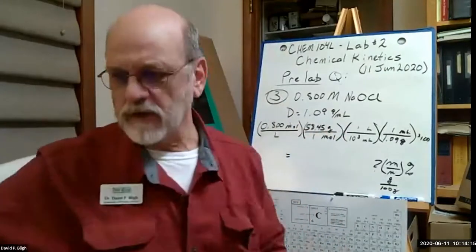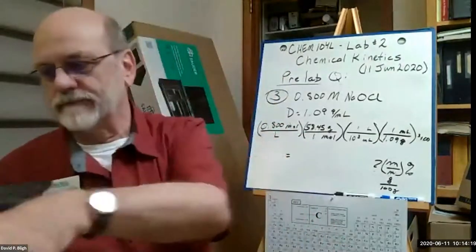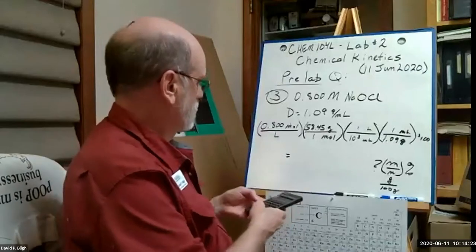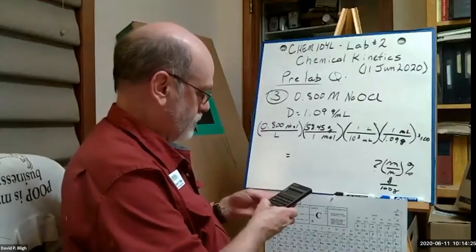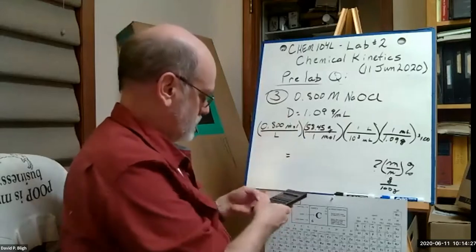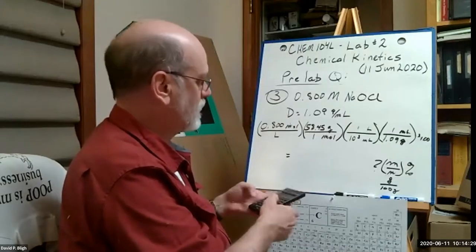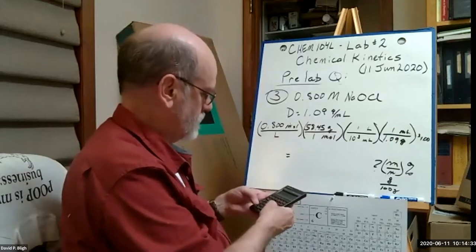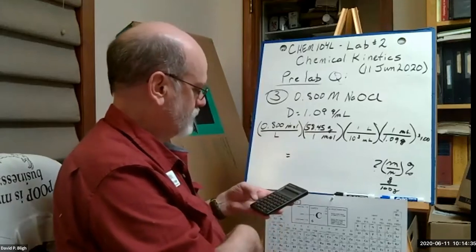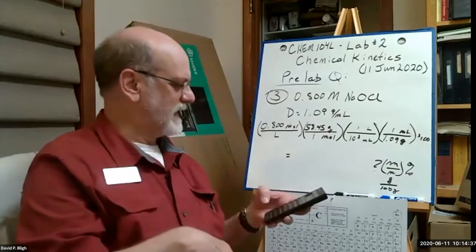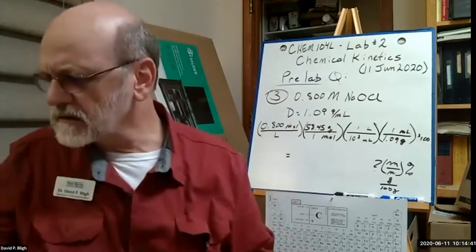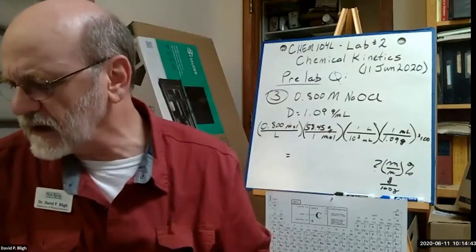So let me see if that works out. It takes a calculator to do it. 0.8 times 58.45 divided by 1,000, divided by 1.09, that's 4.29, which is not the same answer that they're getting here.